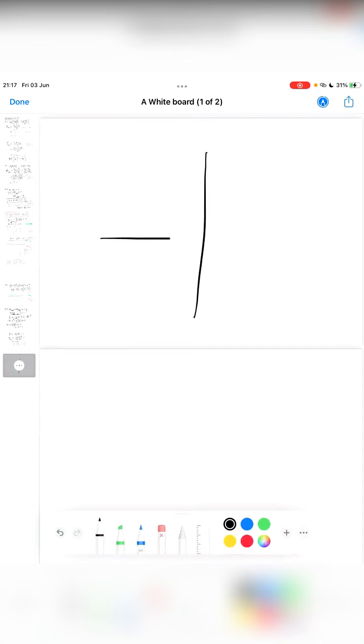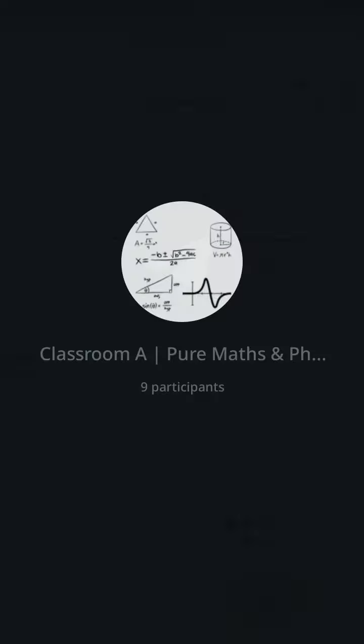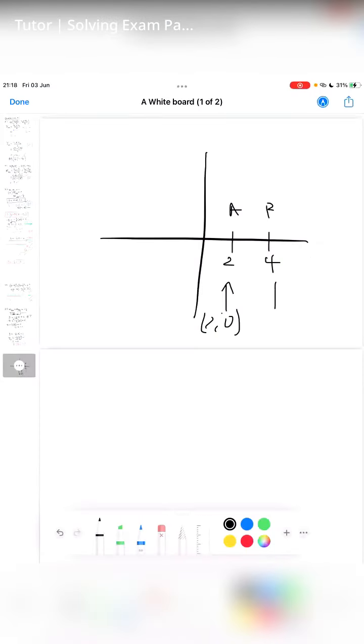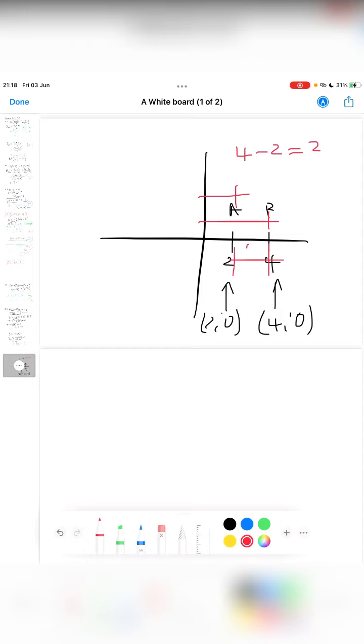You have the y and the x-axis, and then you have 2 points there being A and B. Here you have 2, there you have 4. So instead of using the coordinates of 2 and 0, and again the coordinates of 4 and 0, you can just say you know that from there to there it's 4, and from there to there is 2. Why not just say 4 minus 2 and you get 2? So that means from there to there it's actually 2.